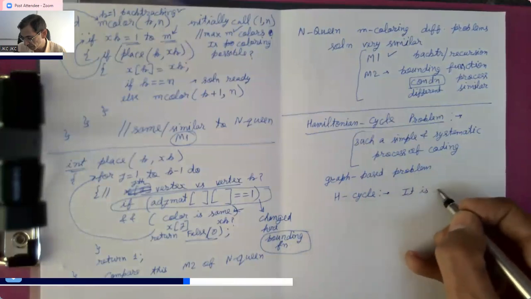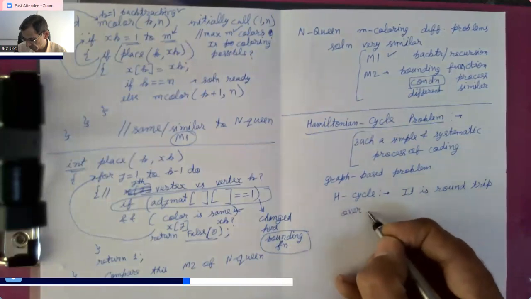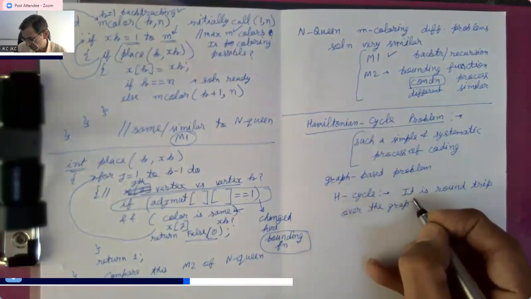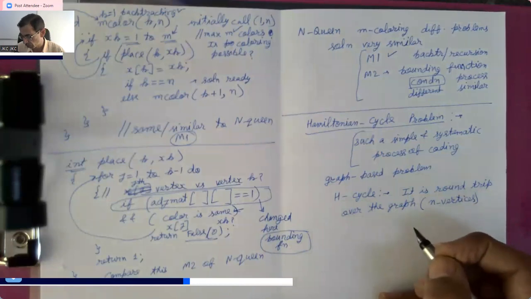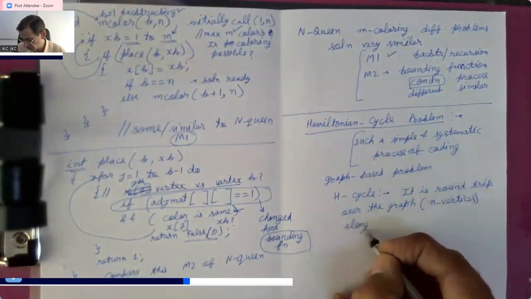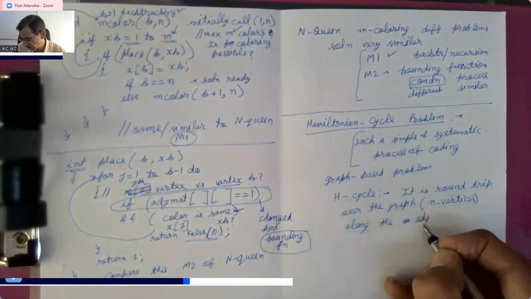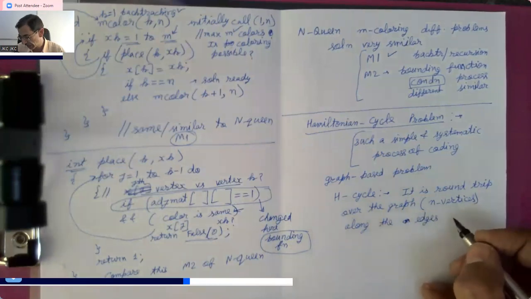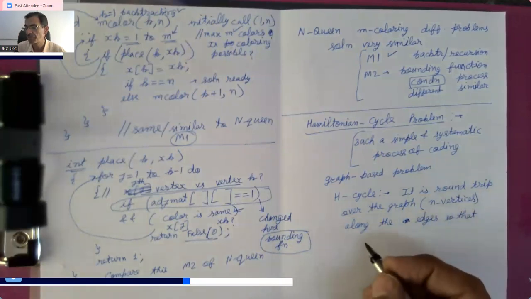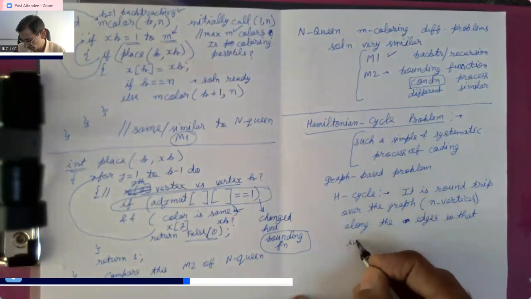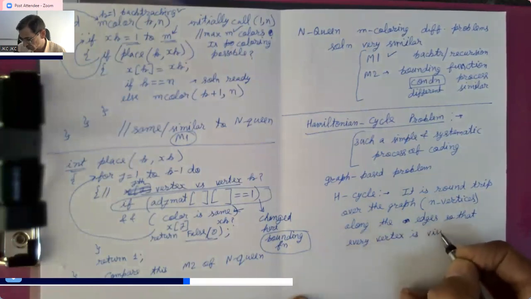It is a round trip over the graph along the available edges, whatever edges are there, could be any number of edges, such that every vertex is visited exactly once only.